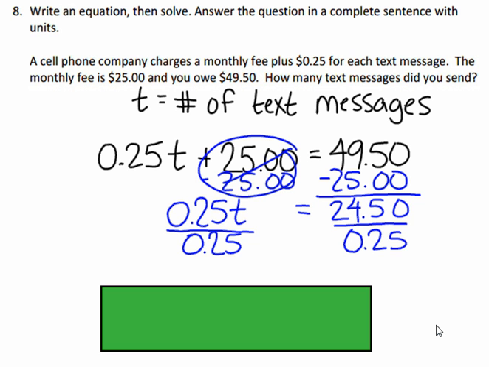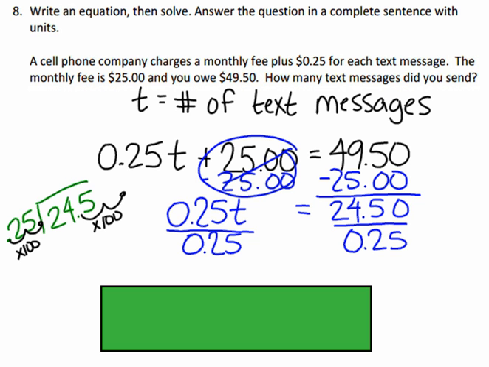So we'll set up our division problem, 24.5 inside the division box and 0.25 outside. I need to make sure the number I'm dividing by is a whole number, so I'm going to multiply by 100, which will slide the decimal point over 2 places in each number.